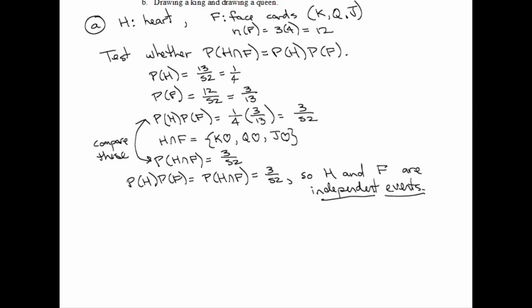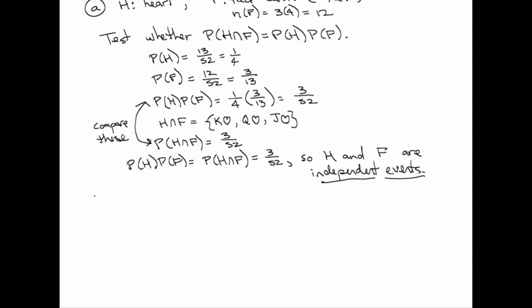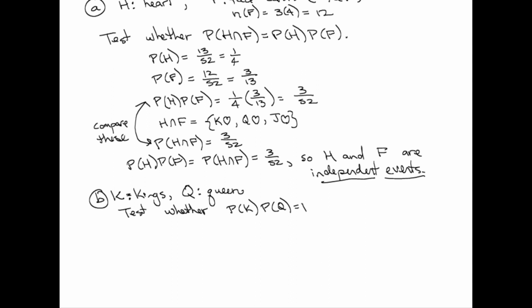Okay, so here we're going to let K represent drawing a king, and Q represent the event that we draw a queen. We want to test whether the probability of K times the probability of Q is equal to the probability of K intersect Q.